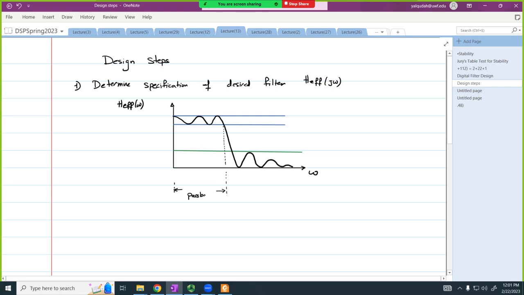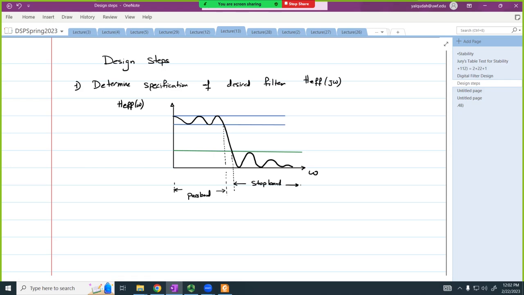What do we call this band here? Stop band. Yes. So this is our stop band. And what do we call this between the pass band and the stop band?